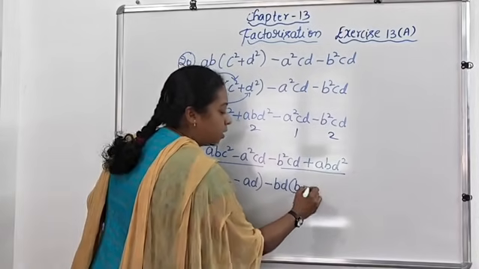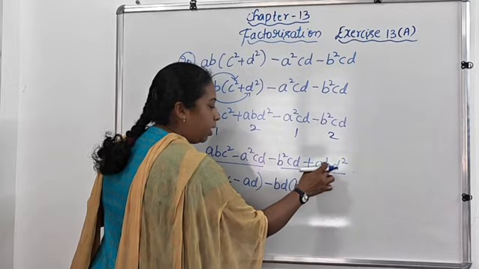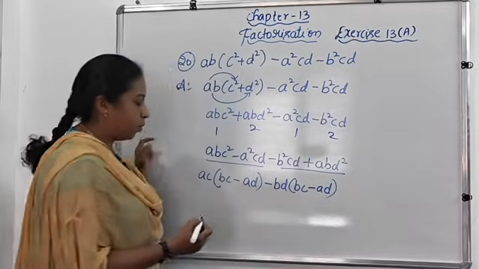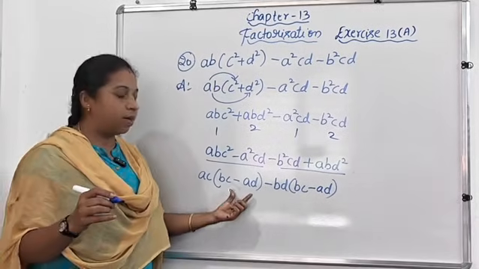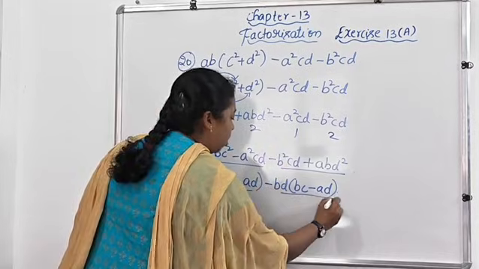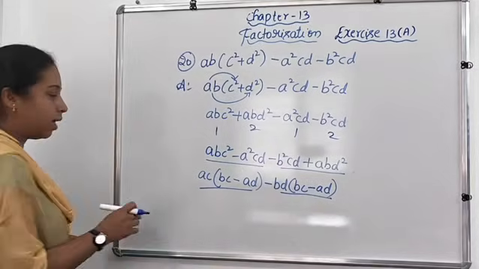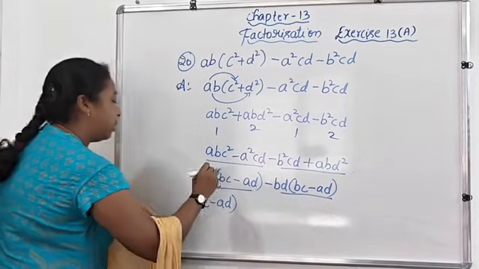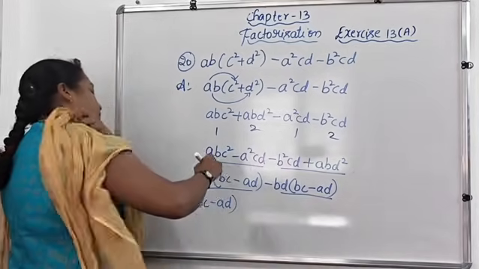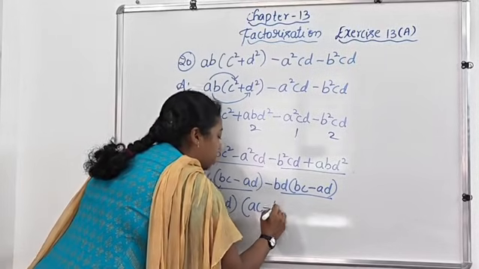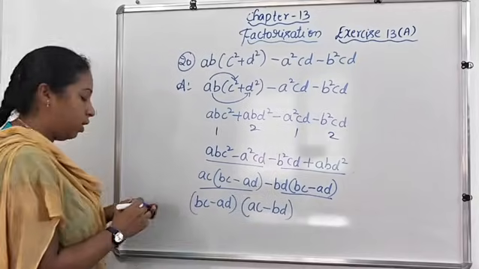Obviously minus into plus minus, bd we have taken a common, then remaining is ad. So wow, right? bc minus ad, we got it on both sides. So again we have to take a common, that is bc minus ad. So bc minus ad we have taken a common. Then here remaining is ac minus bd.